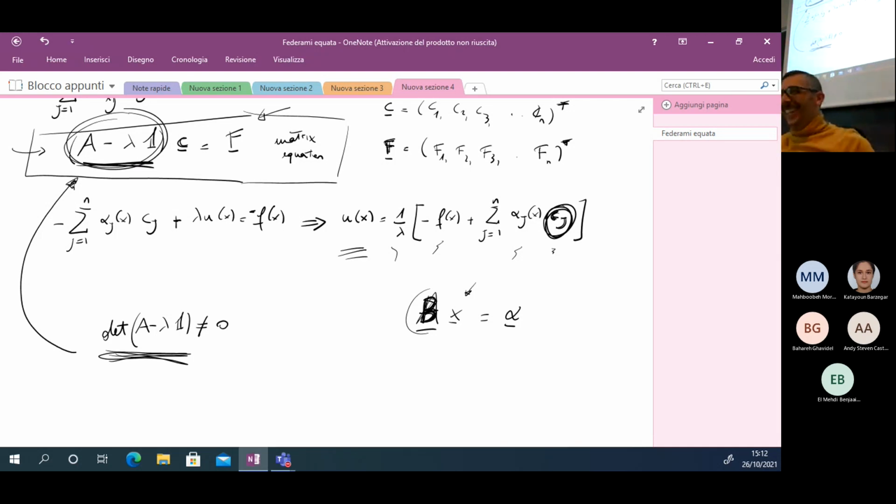Yes, this is when you want to find the eigenvalues of a matrix. That's exactly the kind of equation that you want to solve. So the eigenvalues of the matrix A are those lambdas for which the determinant of A minus lambda identity is equal to 0.